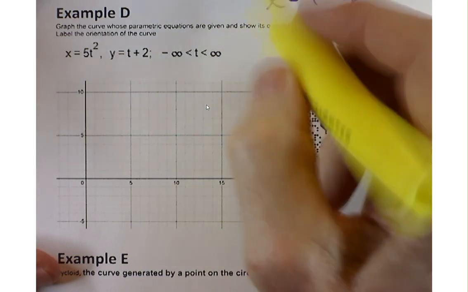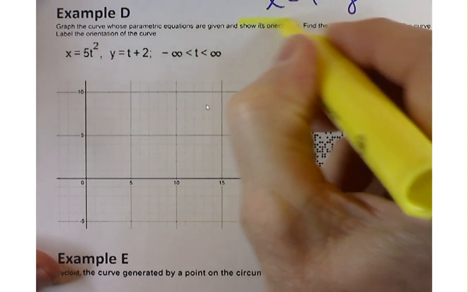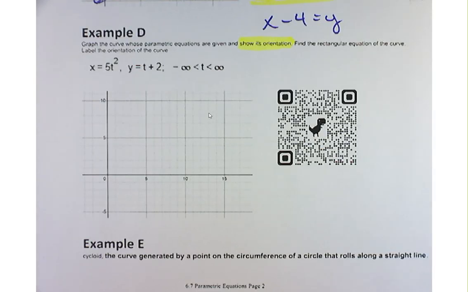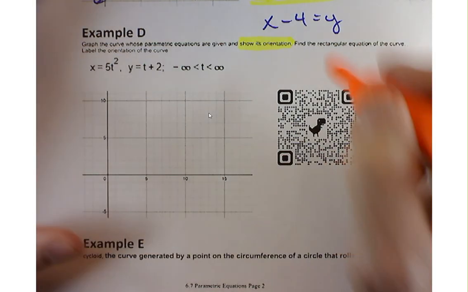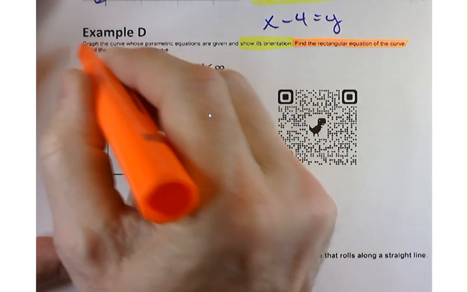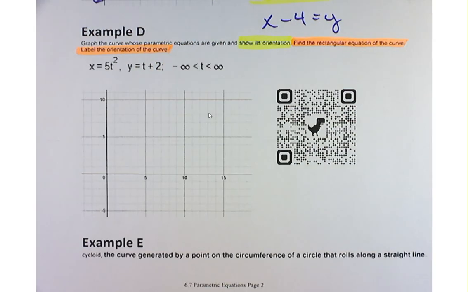That's showing in what direction the graph gets traced out. Find the rectangular equation of the curve. All right, so that's what we did just up above in example C. Both of these are good questions for an exam. Label the orientation of the curve.